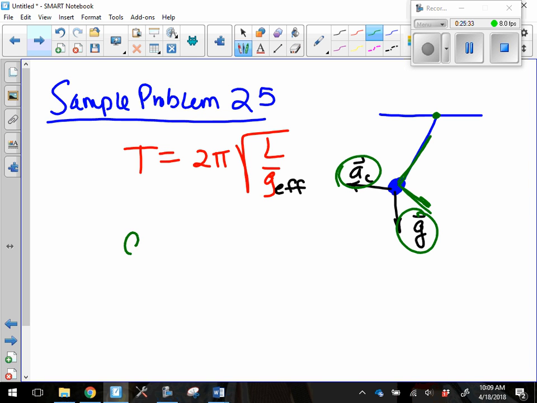So we say that G effective, especially because those two components are perpendicular to each other, is going to be regular old G squared plus AC squared. So basically, I'm finding a resultant the way I would find a resultant back in chapter 2.